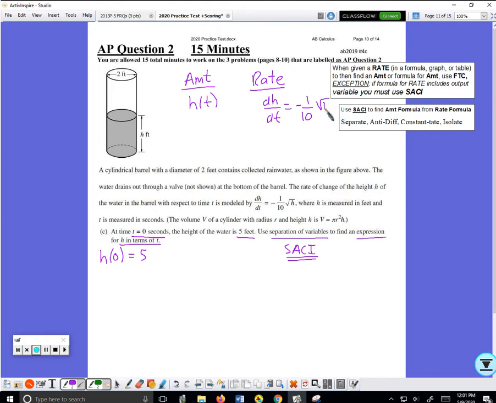The input variable is t. So just like it says in this box, when given a rate, to find the amount, we use the fundamental theorem, except when the formula for the rate includes the output variable. We have to use the SASSI method. This box says the same thing in a slightly different way. So I know it's SASSI. So we'll get to work on that.